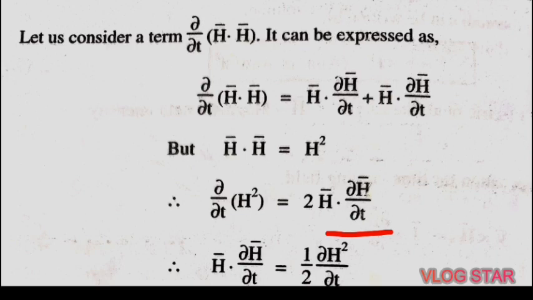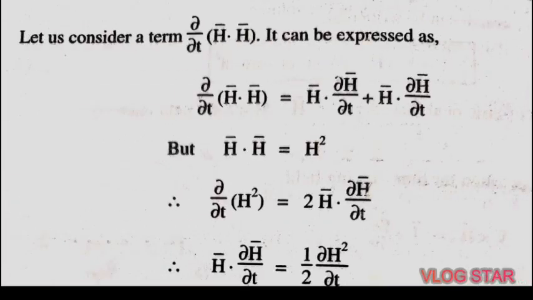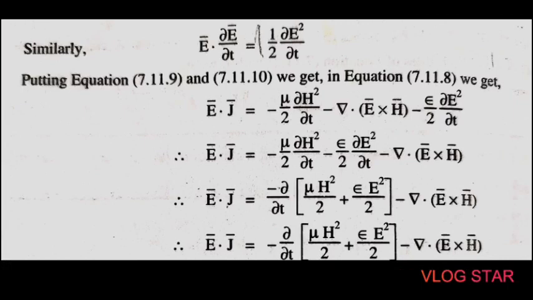Okay, so here we can see we have calculated the value of E bar dot J bar, that is minus mu by 2 dou H square upon dou t, because we know that the value of H bar dot dou H bar upon dou t is 1 by 2 dou H square upon dou t, so we put it directly into this equation, that is minus mu by 2 dou H square by dou t minus del into E bar cross H bar minus epsilon by 2 dou E square by dou t.